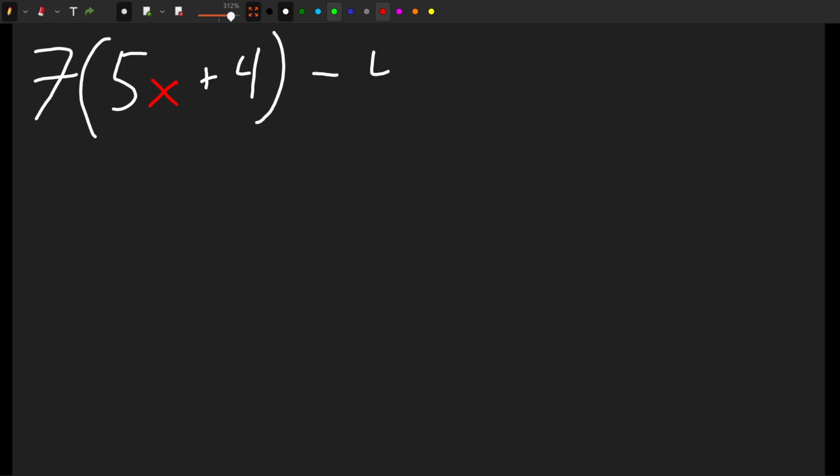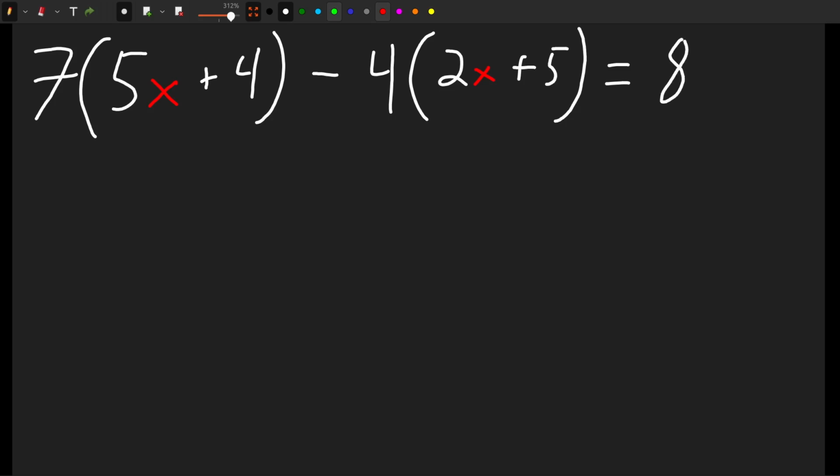We're going to start with 7 times (5x plus 4) minus 4 times (2x plus 5) in parentheses is equal to 8 times (2x, oops, need that in.